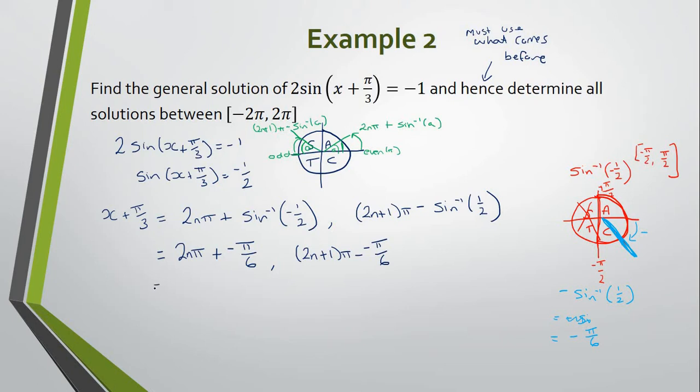This first one here, we can't really simplify that very much, so I'm just going to leave it as 2n pi minus pi over 6. But our second solution, if we expand this bracket, that's the same as 2n pi plus pi over 6. Okay?